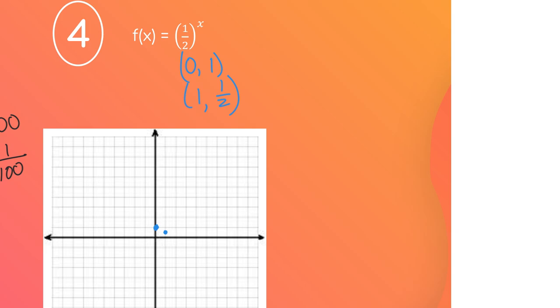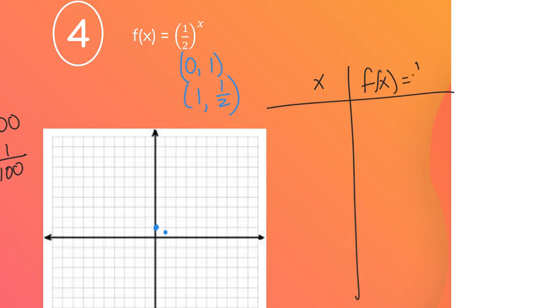So looking at this, my extra points, I have x, I have my f of x, 1/2 to the power of x, and I'm going to do -1. So if I have 1/2 to the power of -1, if I have a negative exponent, what do I do? Flip it. I'm going to get 2/1, which is just 2 as a whole. So at -1, I'm going to have 2.